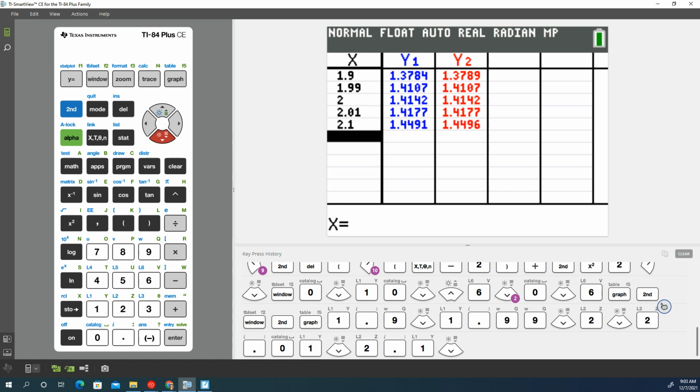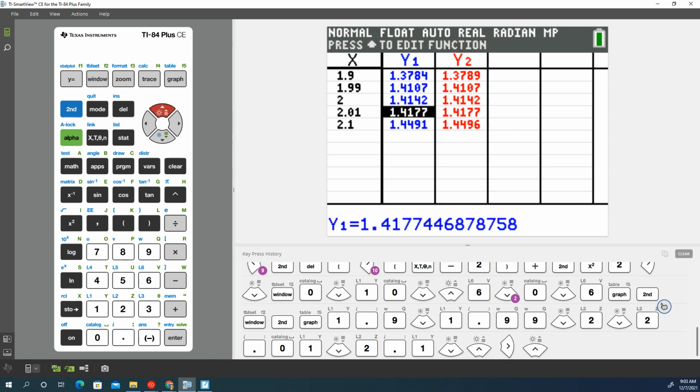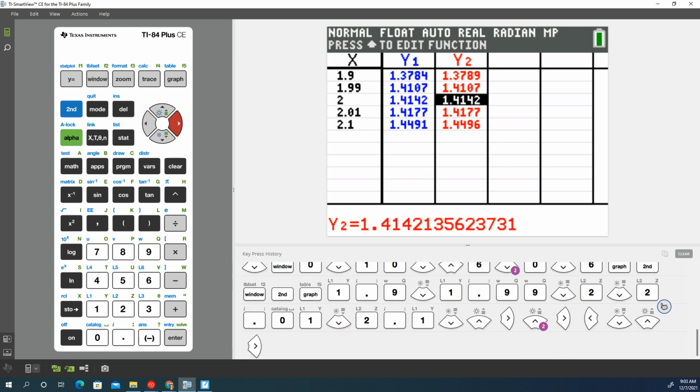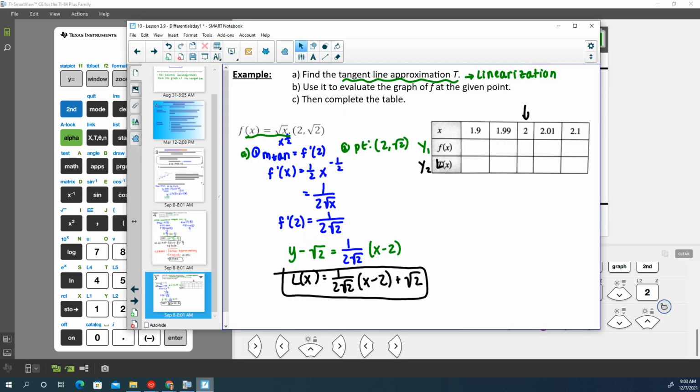A lot of these look exactly the same, but remember, you can always tab over and it'll give you a longer approximation. Those two should be exactly the same, at the point of tangency. You can see they're very close, and I usually only write the first 4 digits anyway, so let's copy some of these into our table.